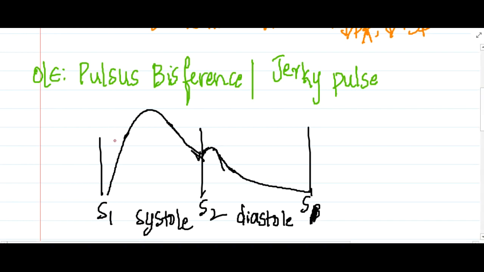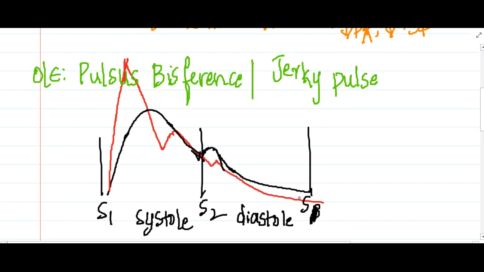But in hypertrophic obstructive cardiomyopathy, the left ventricle will contract with maximum power. As a result, at once the pressure of the pulse increases, and then it decreases suddenly, and then it will cause one more increase, and then it comes down again.